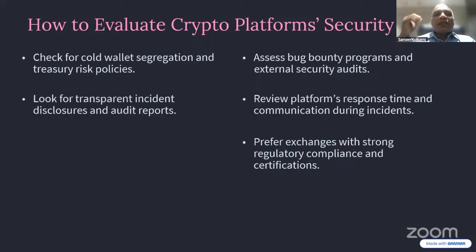So as an investor, we must look out for these kinds of programs. Then review the platform's response time and communication during these incidents, whether it is publicly disclosed, disclosed to a close community, or communicated only to the individual who is affected.